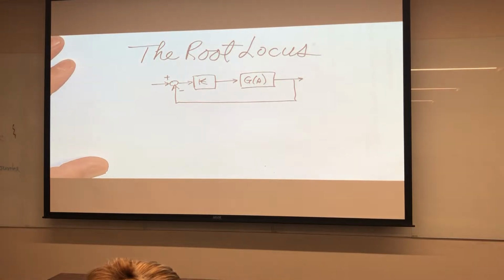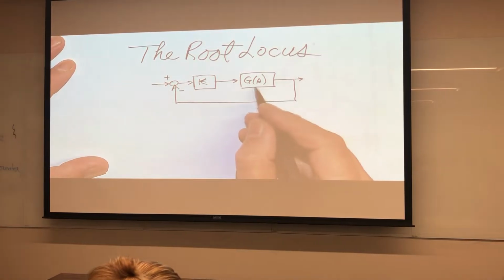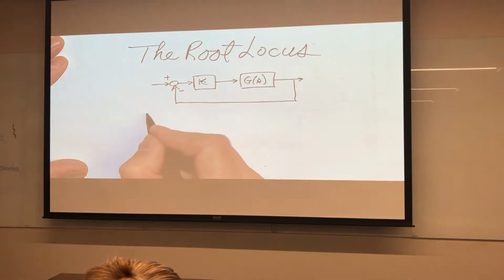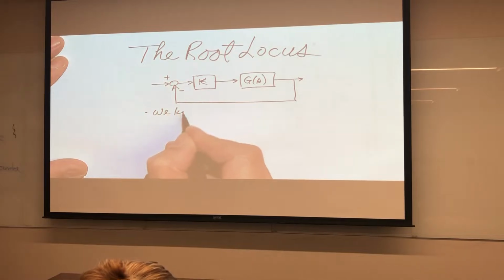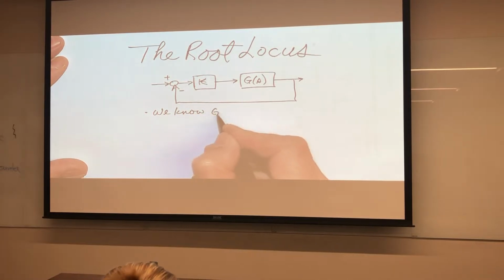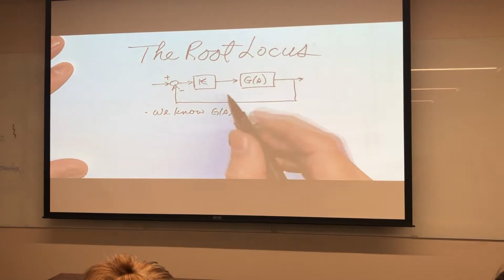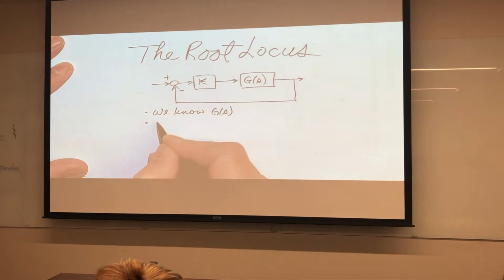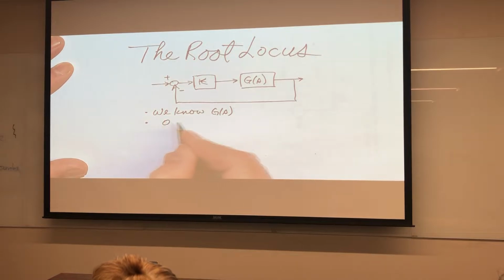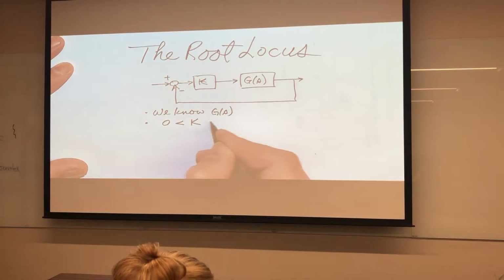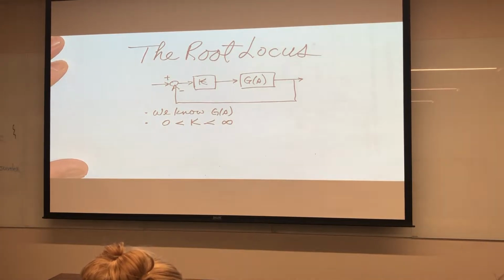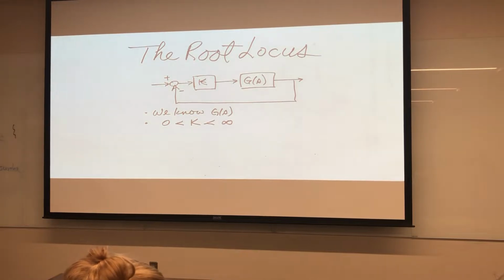And what we have is that we know the process model, and we're adjusting K. And for us, K is some positive number between 0 and infinity.